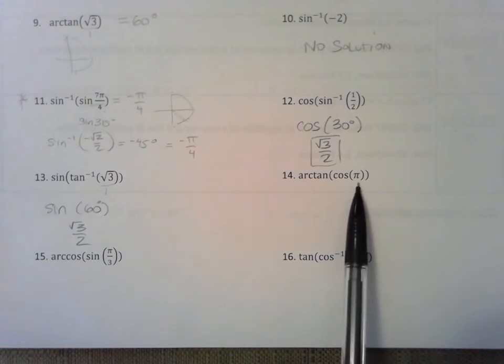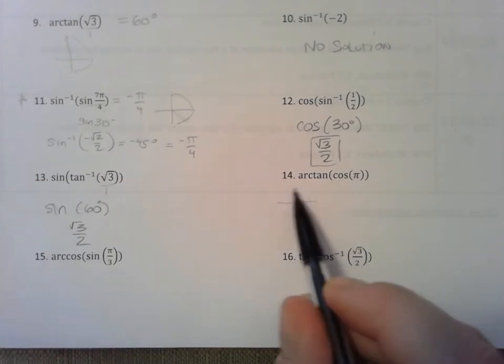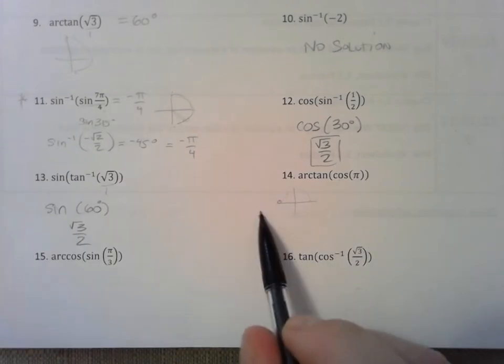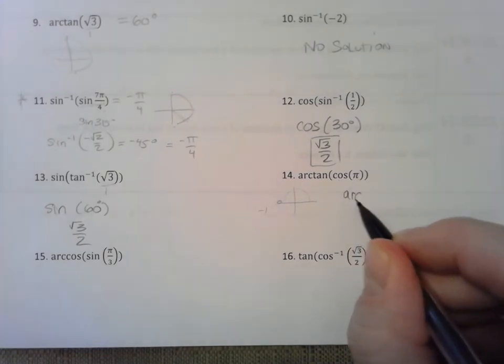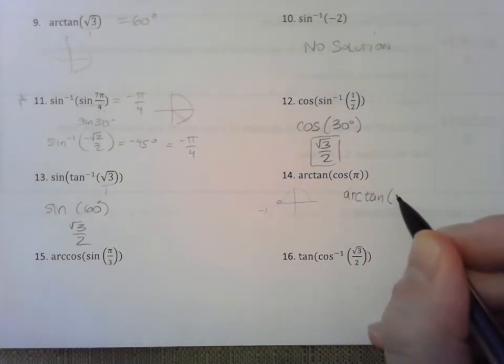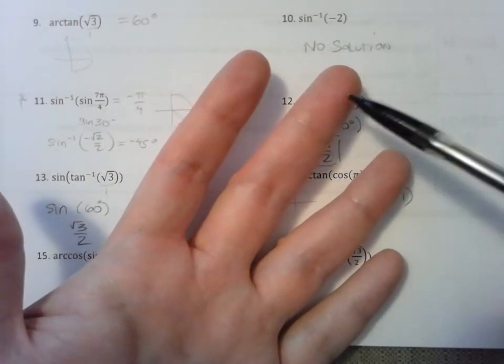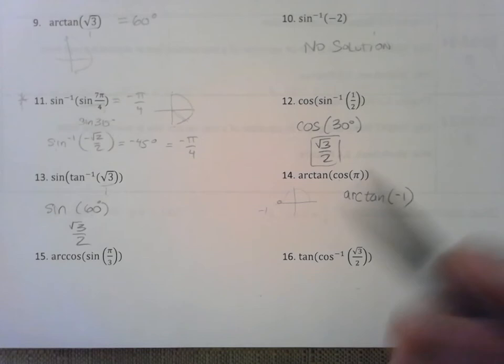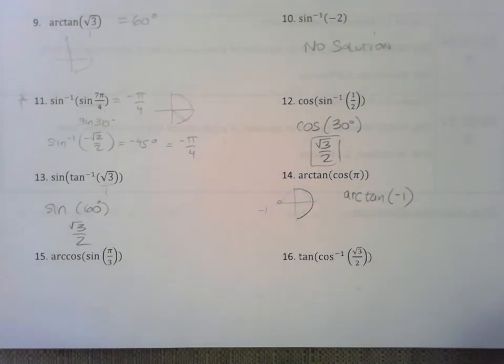Keep moving inside out. Pi radians is 180 degrees. The cosine of pi radians would be the x-coordinate of this point here at 180. That's negative 1. Next, what is the tangent inverse of negative 1? Now I'm dealing with these quadrants, quadrant 4 and quadrant 1.